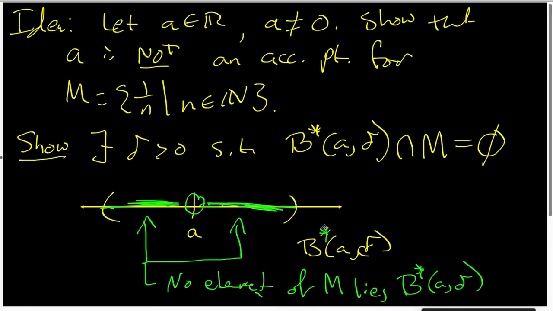I have to have somebody inside the delta ball that is not equal to A, and I want to prevent that from happening, so we want no element of M lying in that green area. Now, when I think about what I need to show, there are a couple of really easy cases, and then one more subtle case. So we're going to break this argument into 3 separate cases.